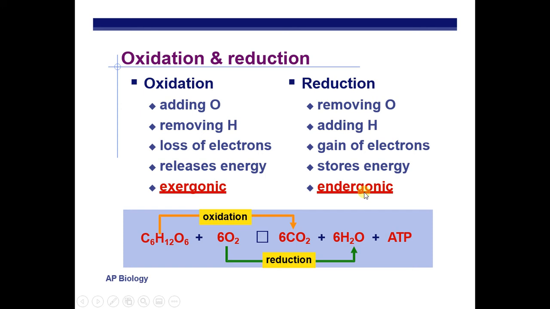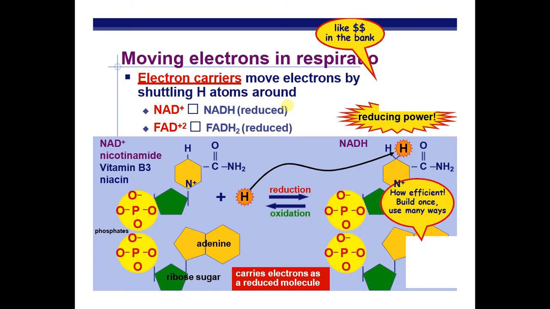If right now you're seeming really confused, I might focus just on this page, because this is going to be the key information. This is the first step, so maybe focus on this. Like I said, electrons or hydrogen atoms can't just move from one place to the other on their own. They need carrier molecules.